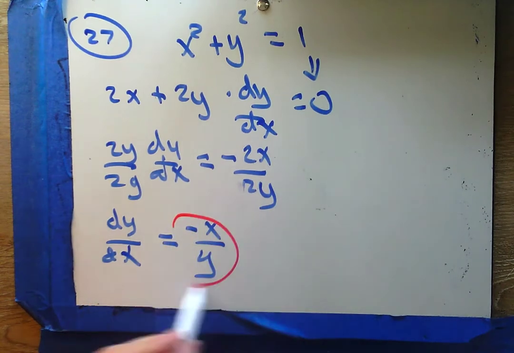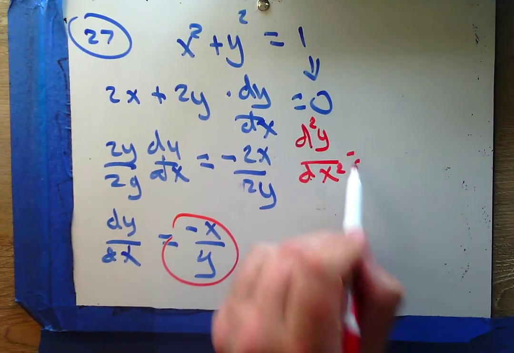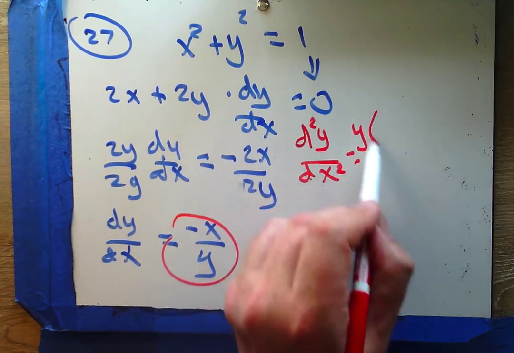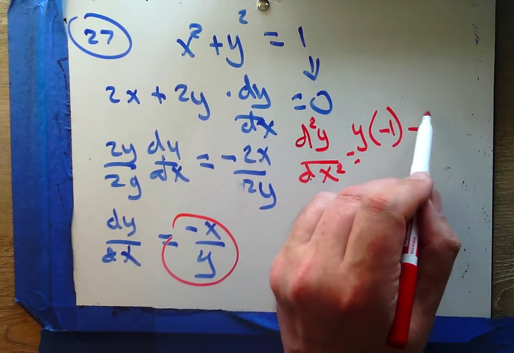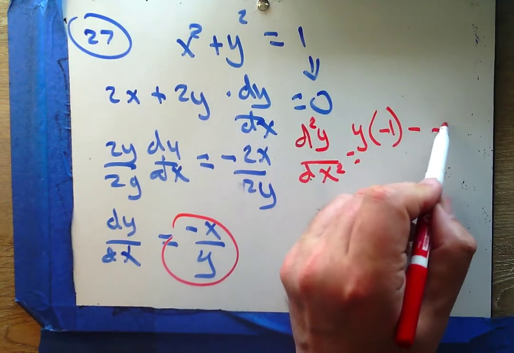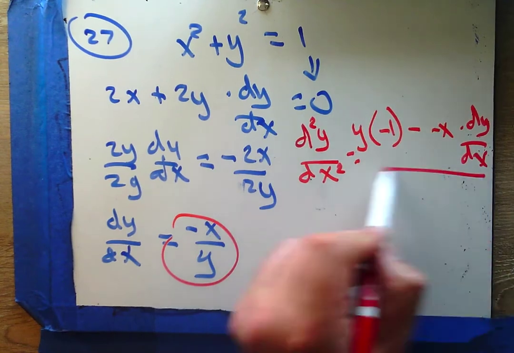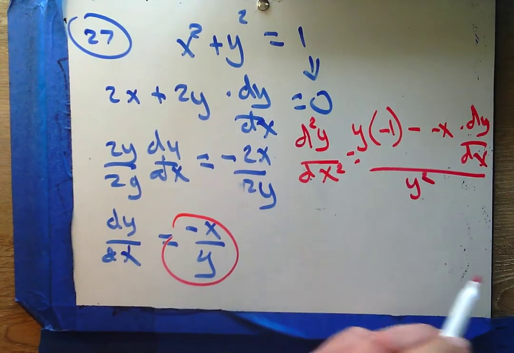So I need the quotient rule there. And that's going to be low d high minus high d low over low squared.